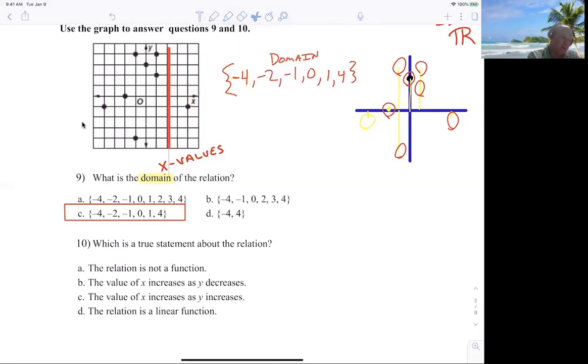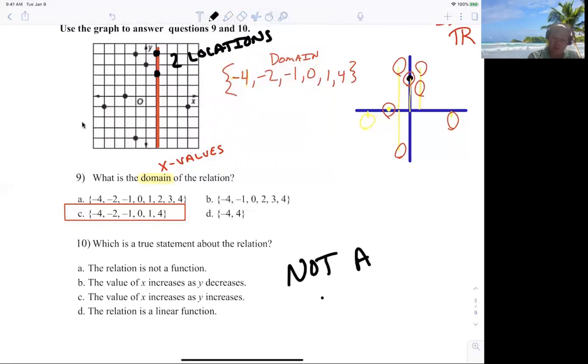Notice what happens at this point right here. At that vertical line, you should be able to see that this point and this point touch that vertical line in 2 locations. If it touches at more than one location, it is not a function.